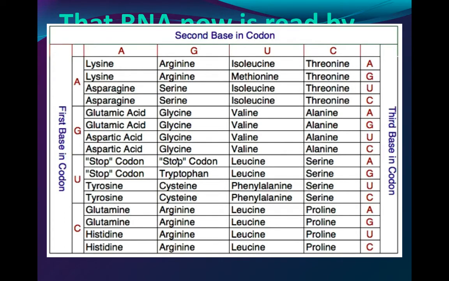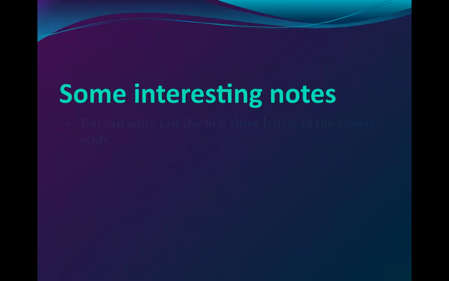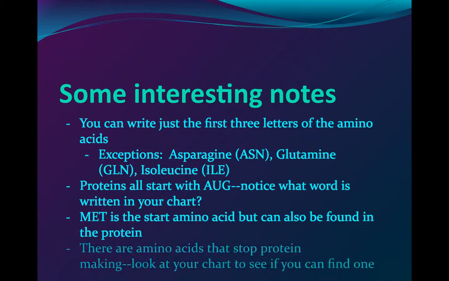The stop codons, they never appear until the end of the protein. So as soon as you get there, the ribosome's like, oh, done with the protein, and stop. Right, so again, MET is the start, can also be found in the protein as well, and there are amino acids that stop the protein, okay, and I just pointed those out to you.